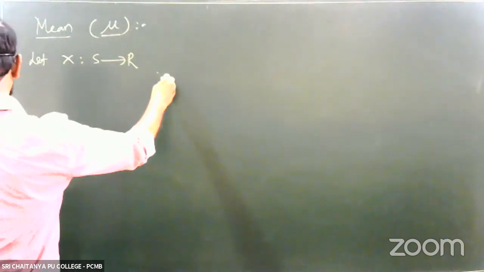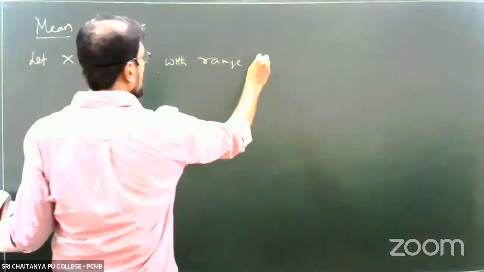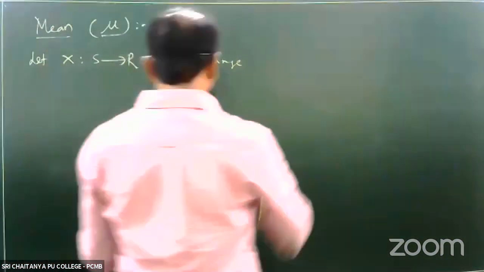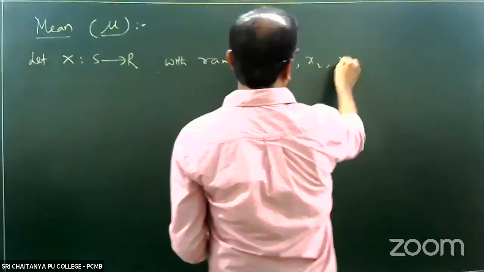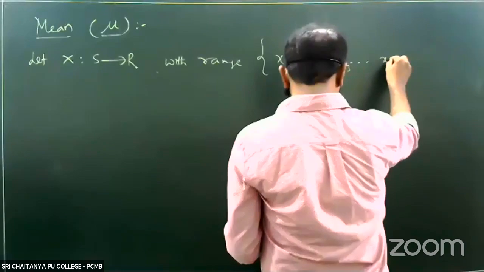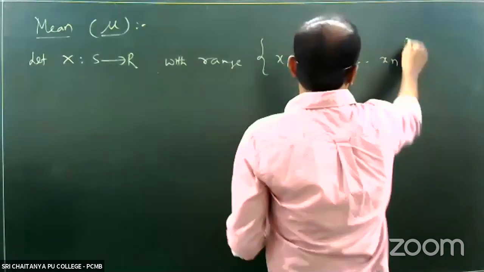Let X be a random variable from S to R with the range x1, x2, x3 and so on, xn.